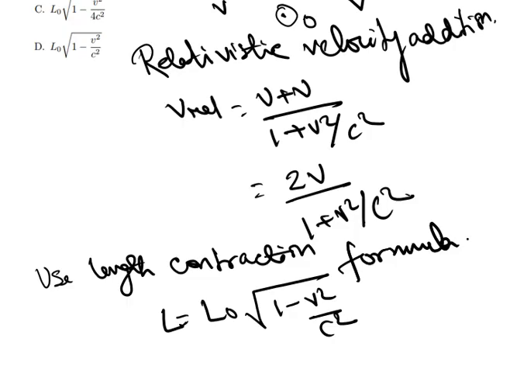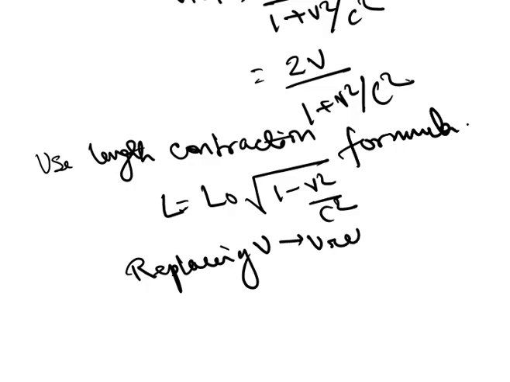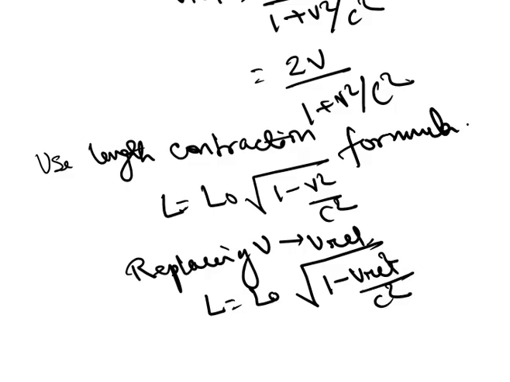But here the relative speed means v can be replaced by v_rel. So this expression becomes L0 root over 1 minus v_rel square by c square.